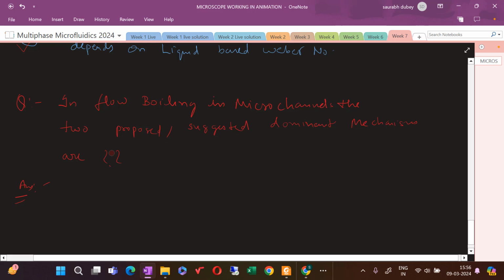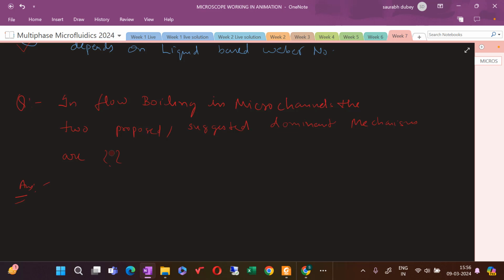There are two widely proposed, widely suggested dominant mechanisms of flow boiling inside the microchannel. So what are they?